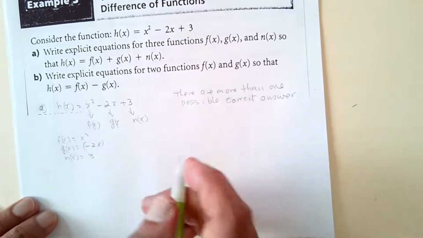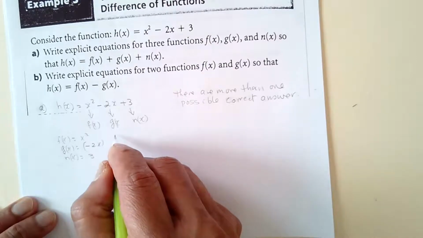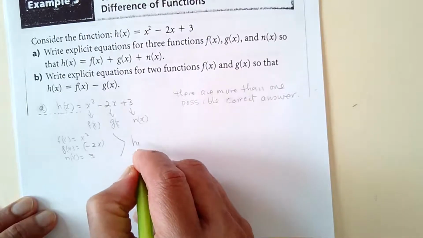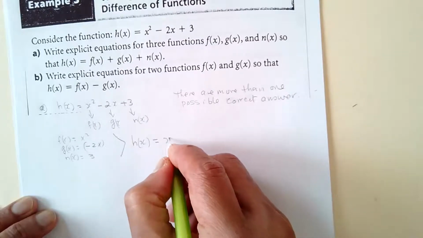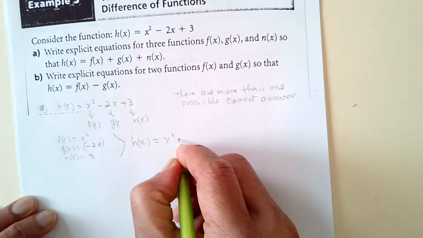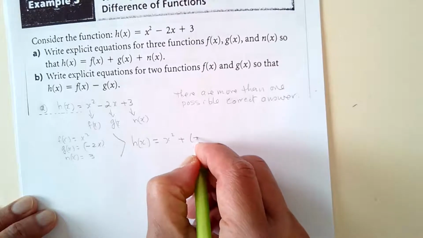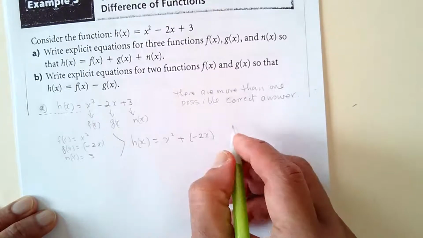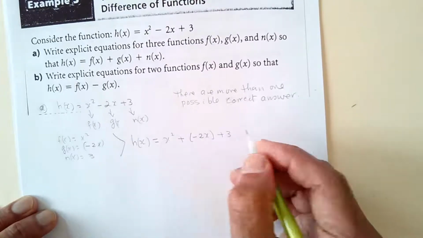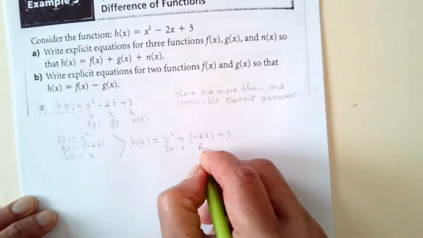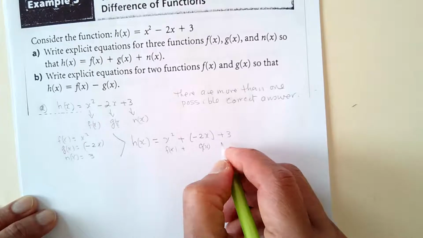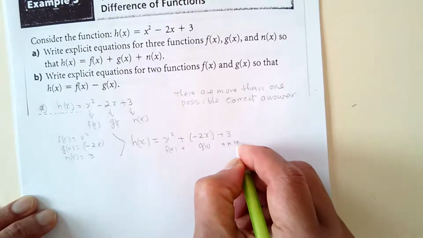So we can rewrite this as a function h of x is equal to x squared plus negative 2x plus 3. So this is your f of x plus g of x plus n of x.